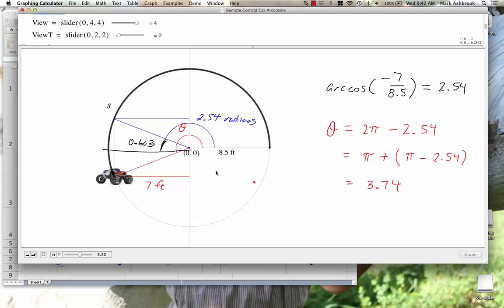So that 0.603 is the same as 0.603 in the first quadrant. Right, as long as you know what you're doing. But this is truly representing the situation because of where the truck is. It's to the left, and so that angle is negative. So it works.